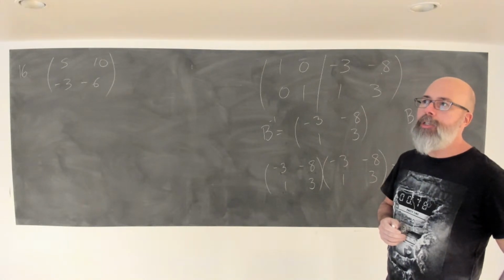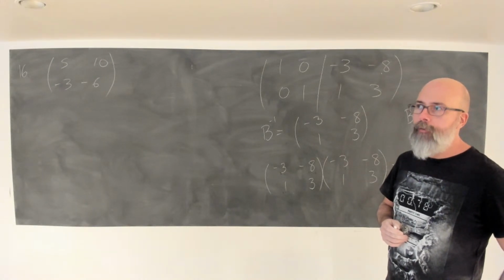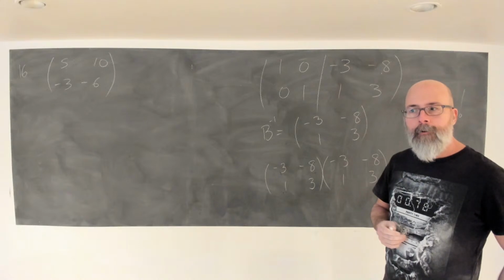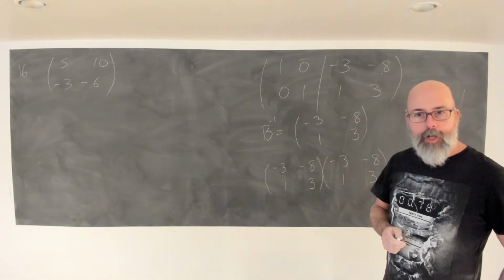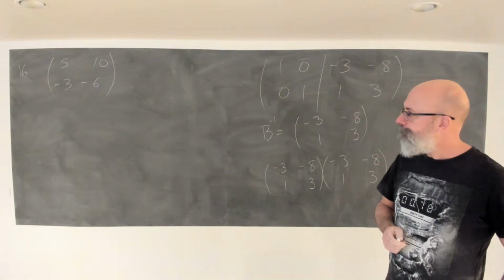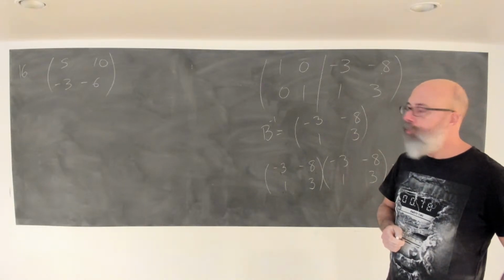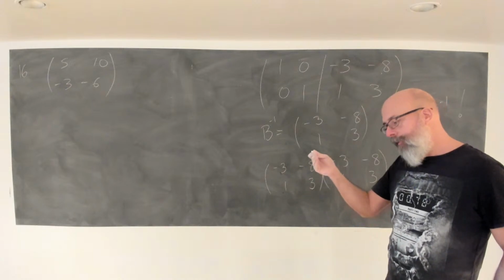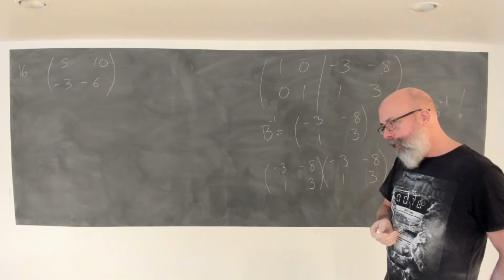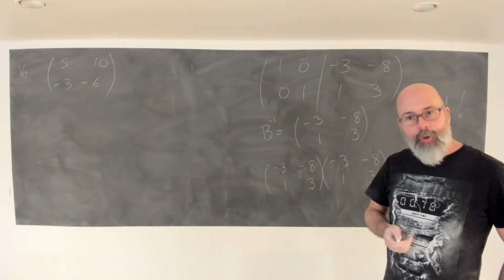how every single thing you ever do can be rewritten in terms of linear algebra. Everything you do has a linear algebra counterpart.